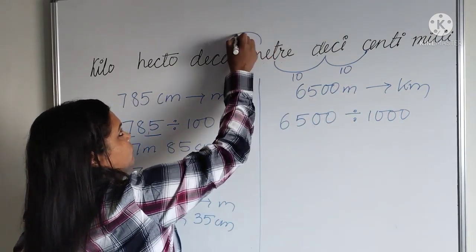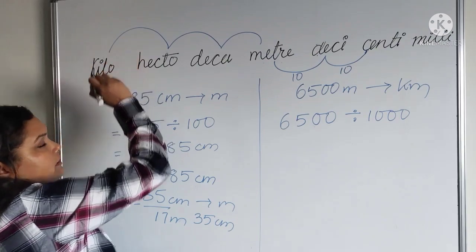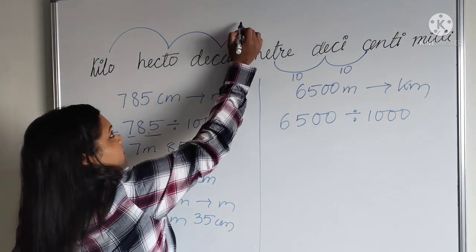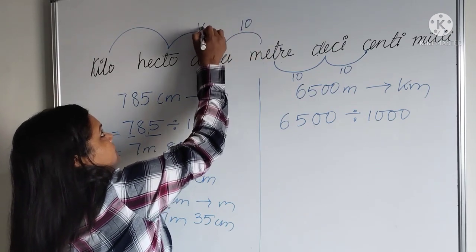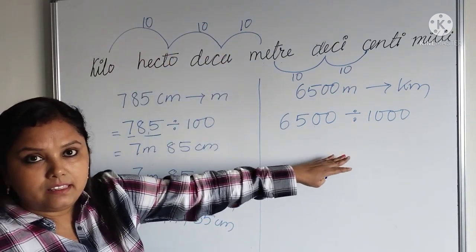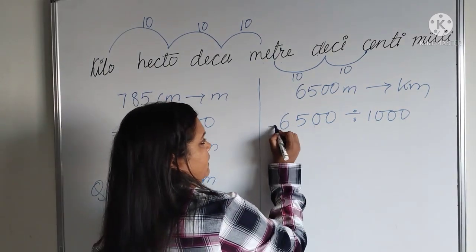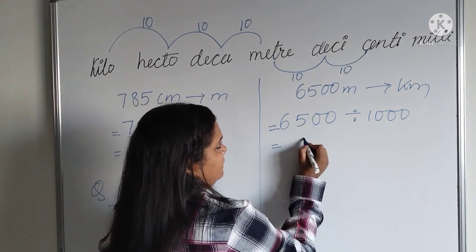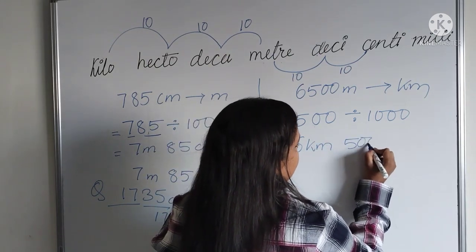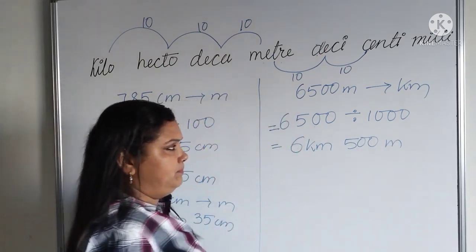So meter 1, 2, 3. So 3 times we have to move. There are 3 steps. So we need to divide it by 1000. Okay. So when you divide it by 1000, you will get 6 kilometer and 500 meter.